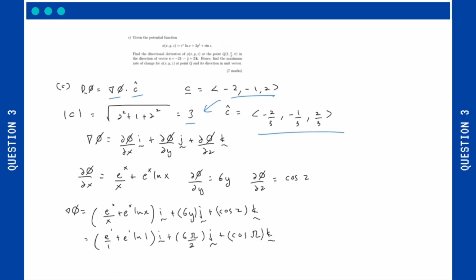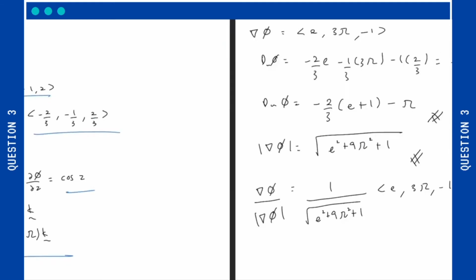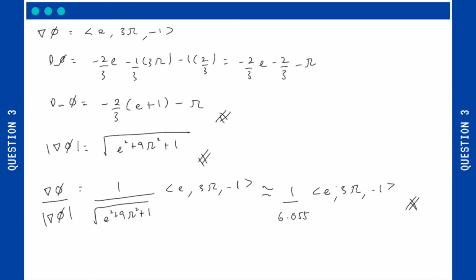Okay, now we do the dot product. Before that we find the del phi first. We find the gradient. So we differentiate the function phi with respect to x. We will get this, and so on with respect to y, with respect to z. We'll get the function of this. And finally we will get this is the del phi.